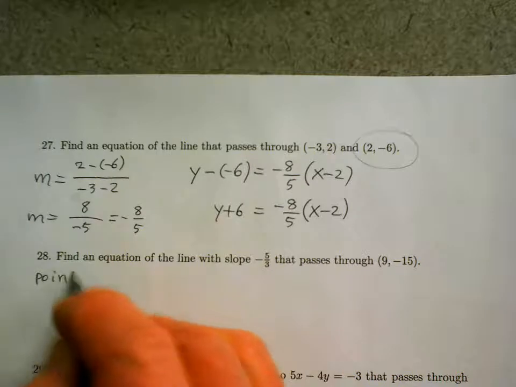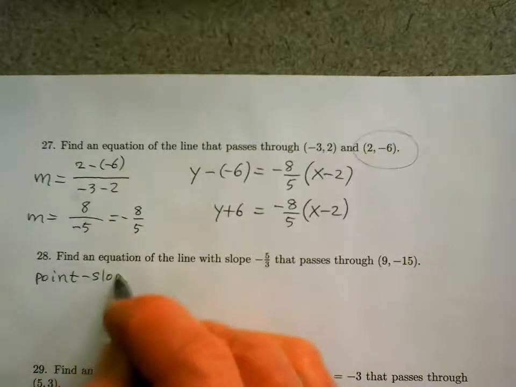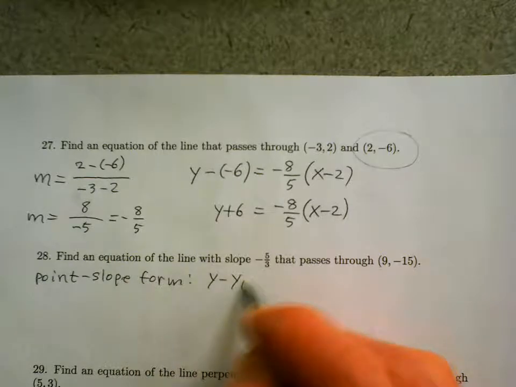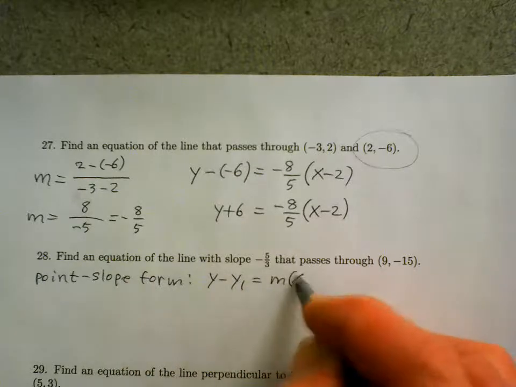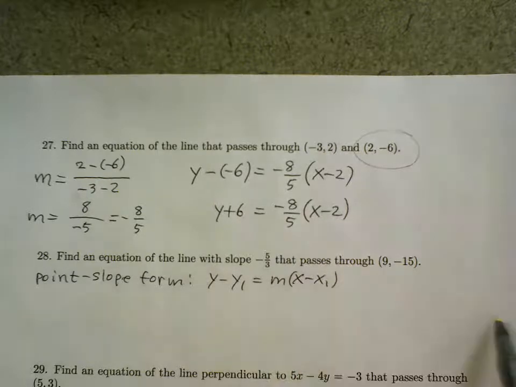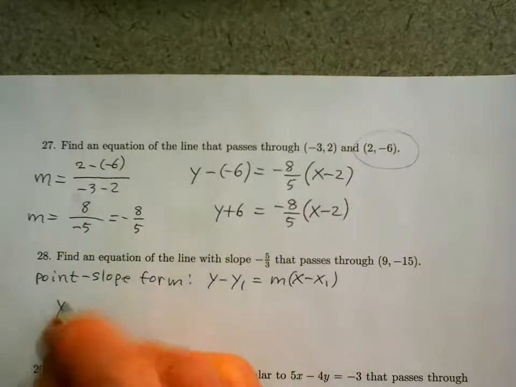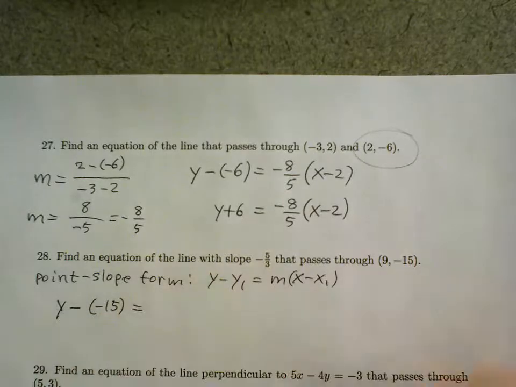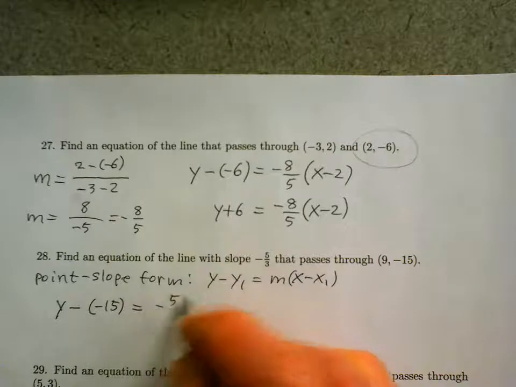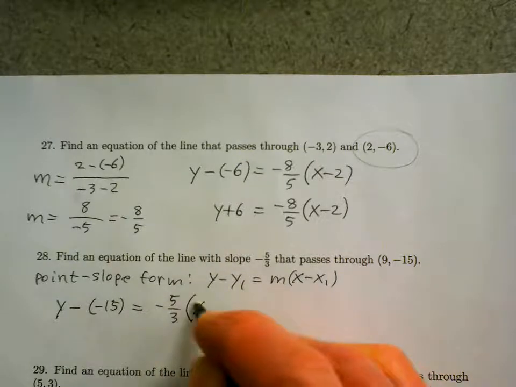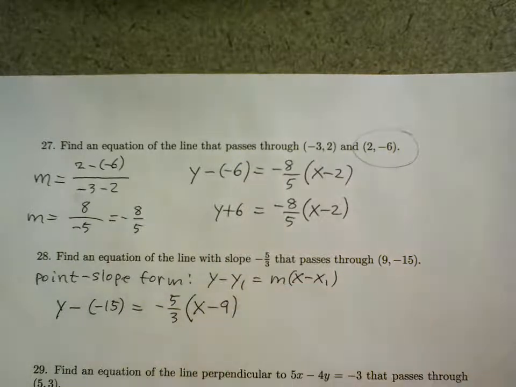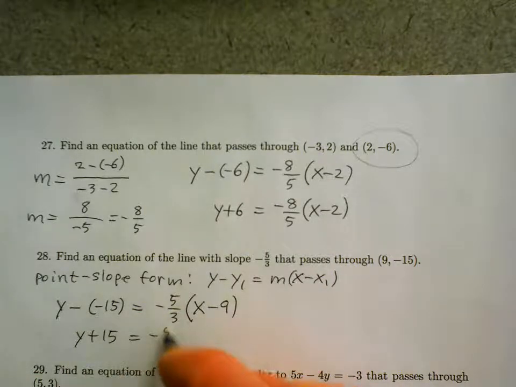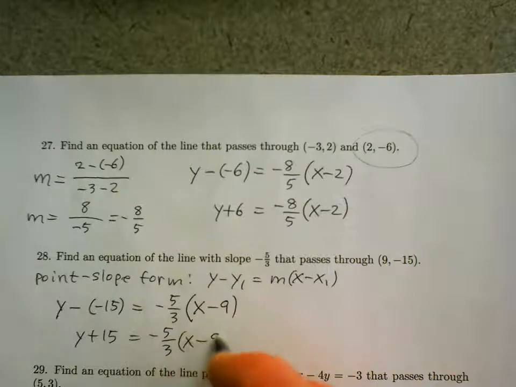Just to remind you, the point slope form is y minus y1 equals m times the quantity x minus x1. So we write y minus -15 equals the slope -5/3 times the quantity x minus 9, or y plus 15 equals -5/3 times x minus 9.